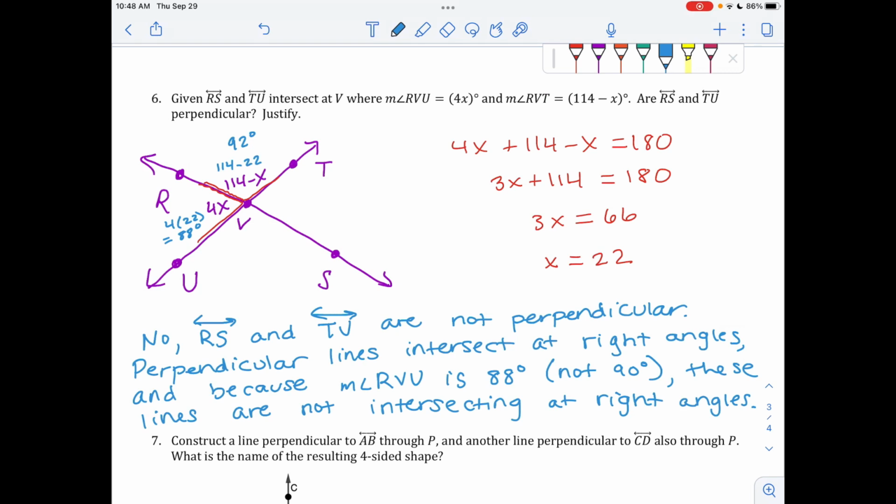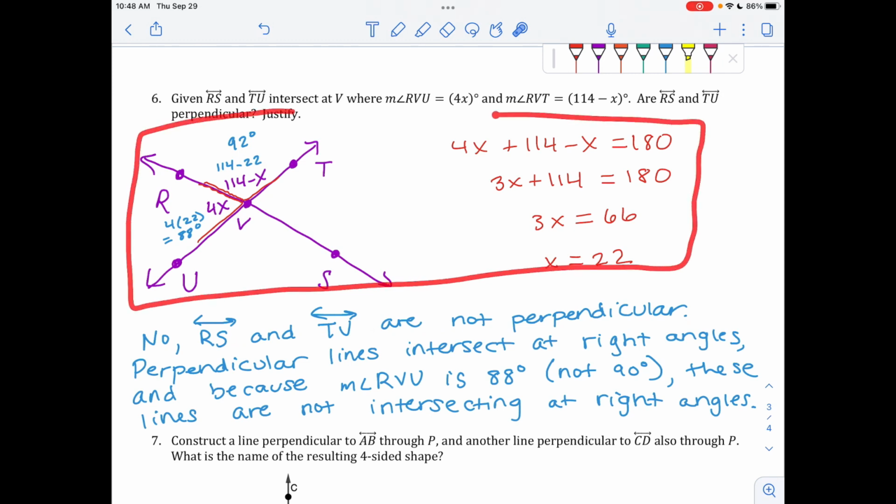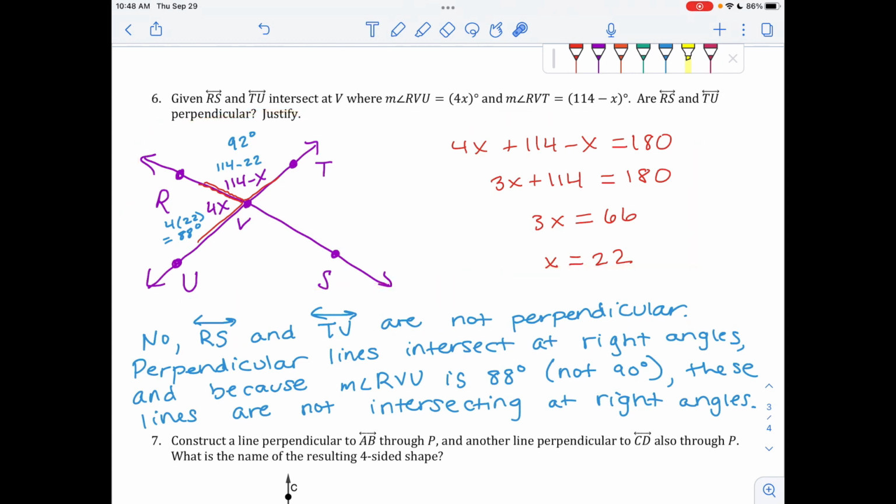So what I want you to notice about this is my claim right here. They're not perpendicular. Here's my evidence, all the work I did to calculate what x is and what those angles are. And then my reasoning, notice how it connects the two, right? My claim was that they're not perpendicular. My evidence was that they weren't 90 degrees. I need to explain why these values made me say that they're not perpendicular.